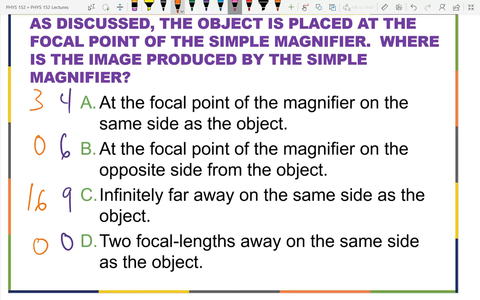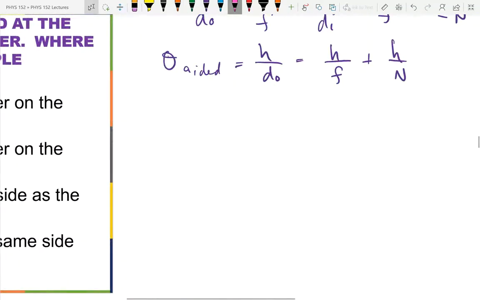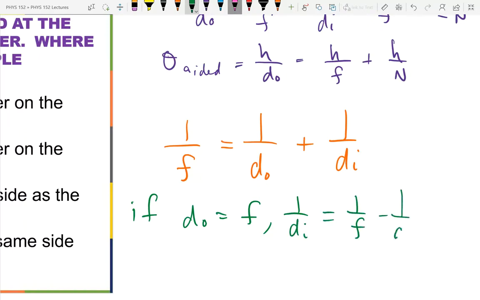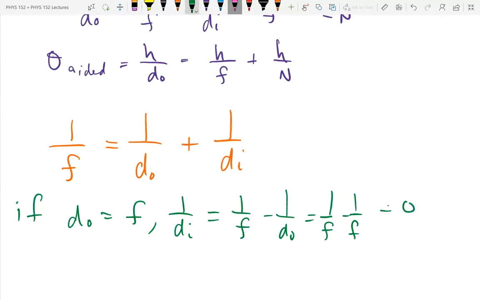So rather than ask somebody, let's just go to the calculation that we did just a moment ago. 1 over f equals 1 over distance object plus 1 over distance image. If distance object is equal to f, then 1 over distance image is equal to 1 over f minus 1 over distance object, which equals 1 over f minus 1 over f, which equals 0.